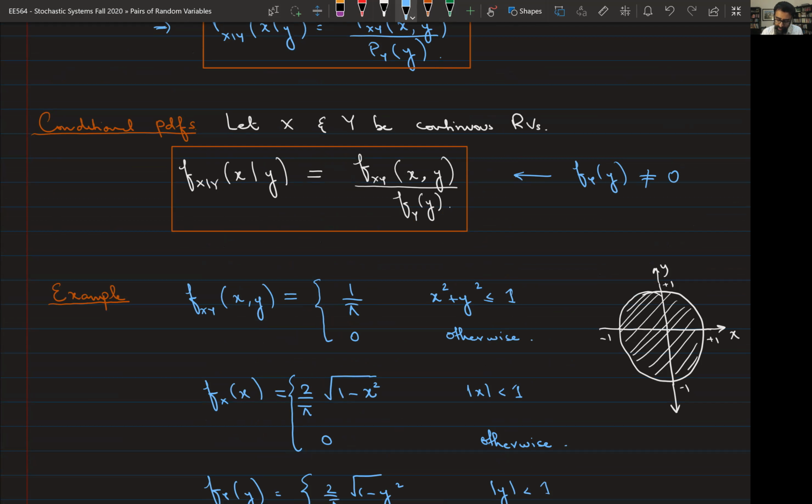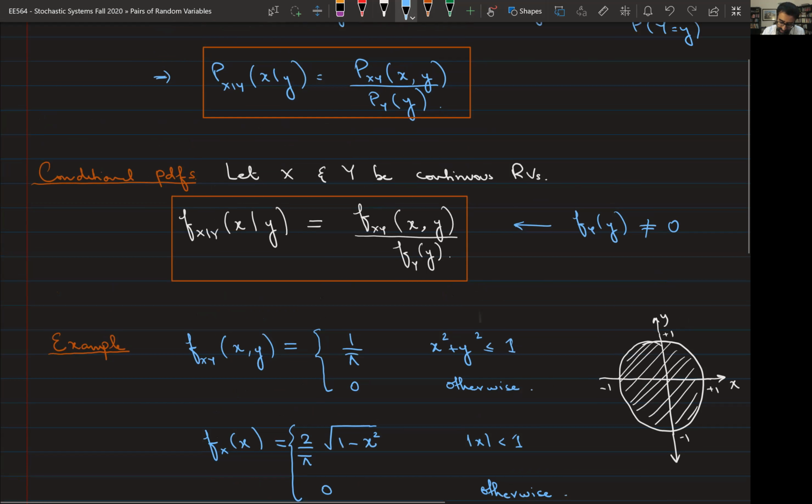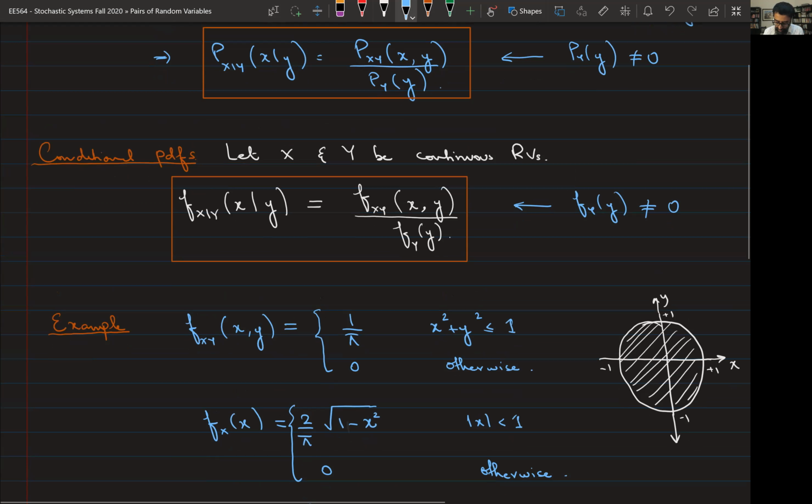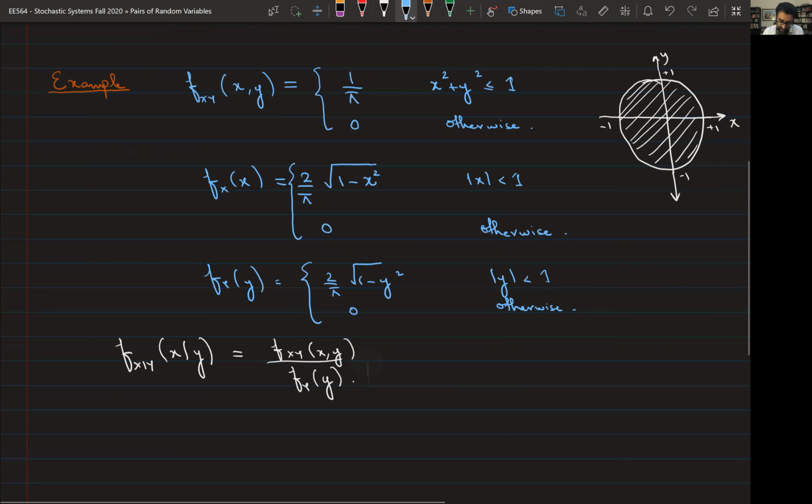And actually for those values for which this is 0, this conditional PDF turns out to be 0, and that makes sense. Similarly, the disclaimer here is that the probability of y is not equal to 0, so you don't have those divide by 0 problems, which may be bothering you, Mohsin.